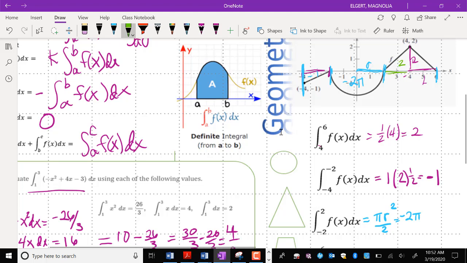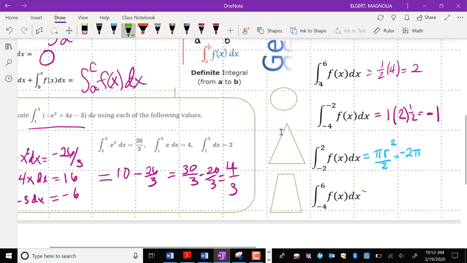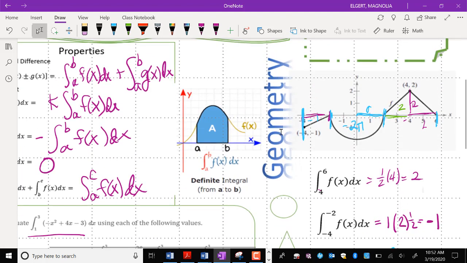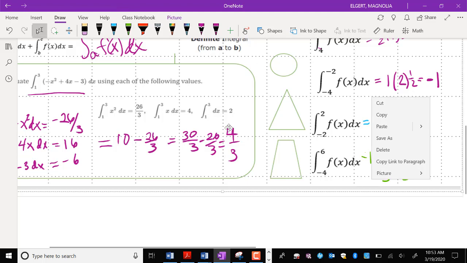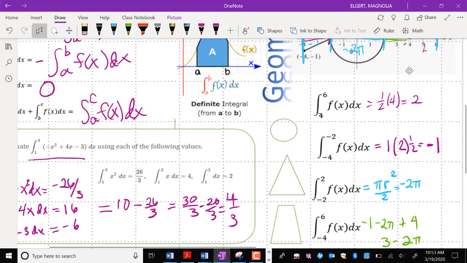So what you do then is you just add all those up. So we have negative 1 minus 2 pi, plus 4, which is 3 minus 2 pi. And that's using geometry to evaluate definite integrals and also using their properties.